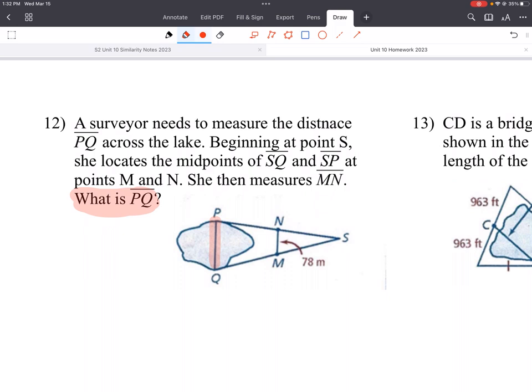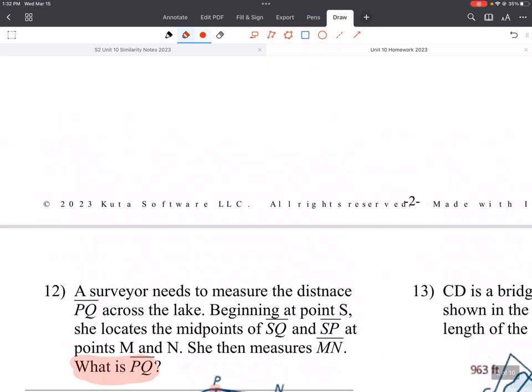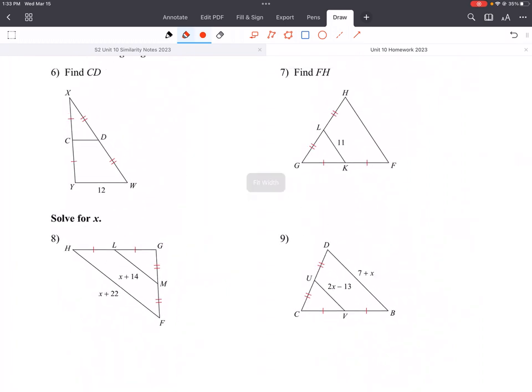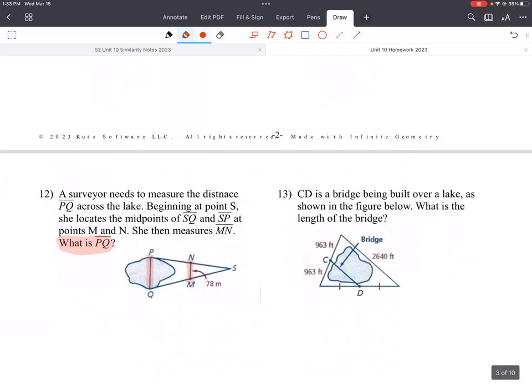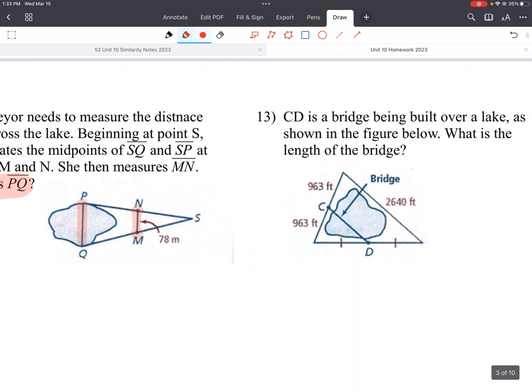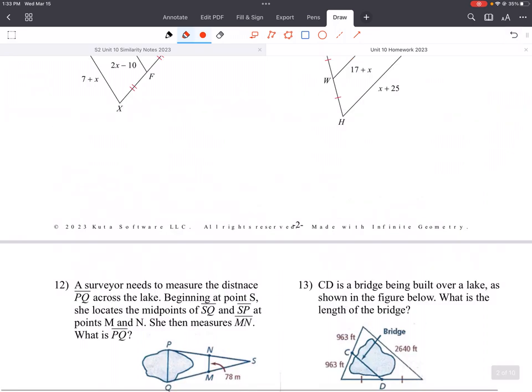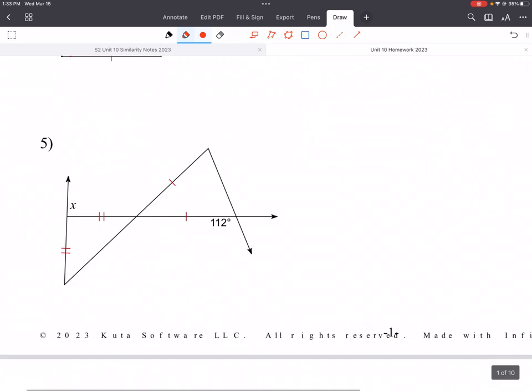And then they say that N and P are midpoints, so this is a mid-segment. So that will be helpful. It's very similar to 6 and 7. Okay. Same with 13. This is a midpoint, mid-segment, and they want us to know how long that is. Okay. So see if you can get those figured out.